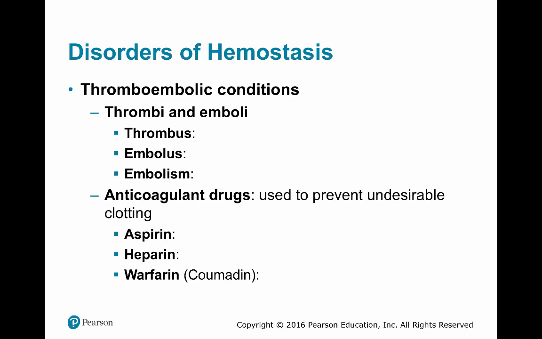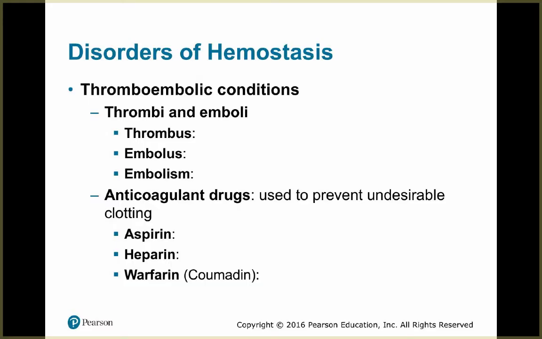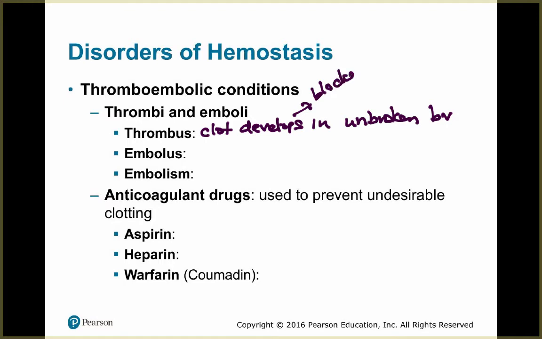So a thrombus is a clot that develops and persists in unbroken blood vessels. I'm putting BV for blood vessels. This may cause blocked circulation and lead to tissue death.